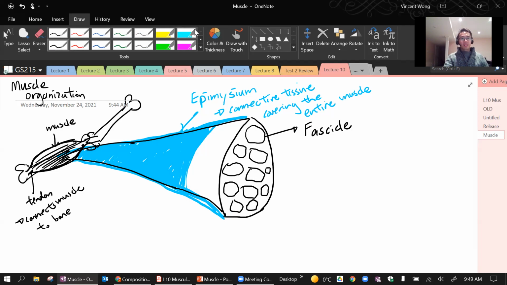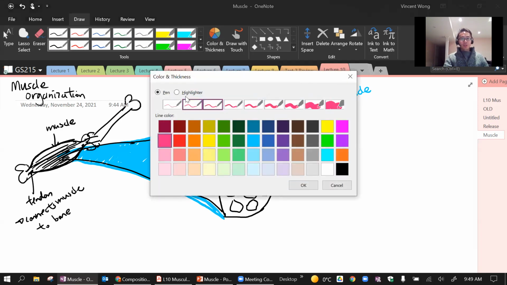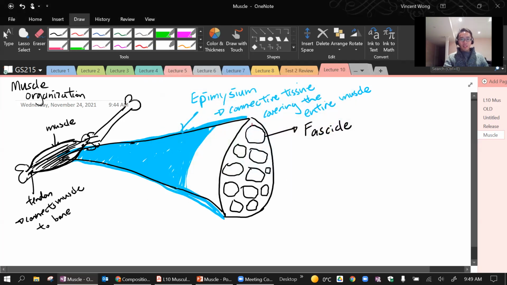The fascicles are going to be surrounded by another layer of connective tissue. There is one connective tissue surrounding each fascicle, and all of these will be surrounded by the pink thing I'm drawing right now.